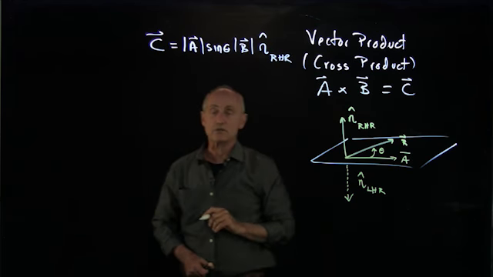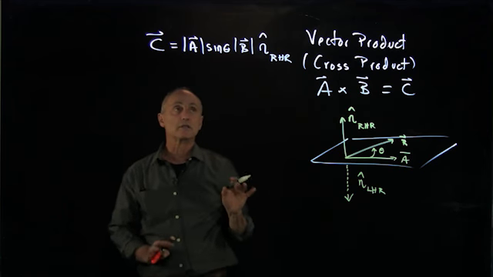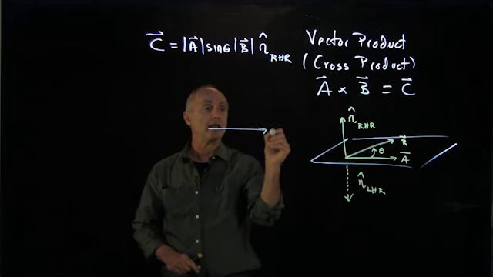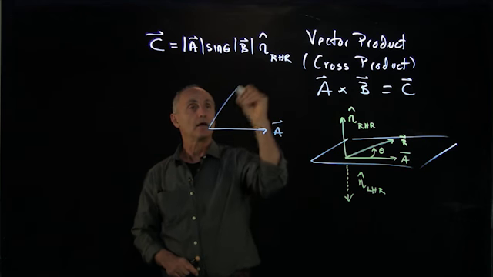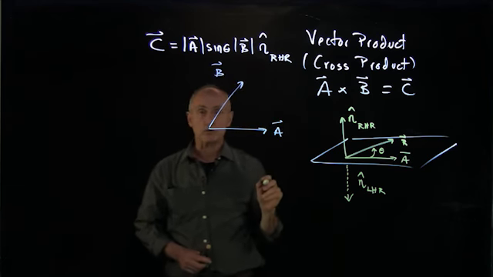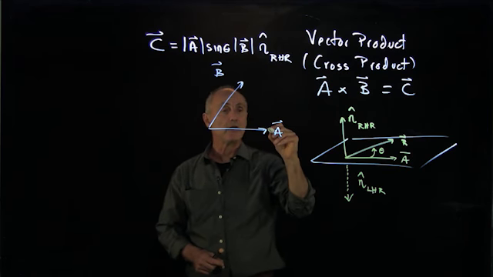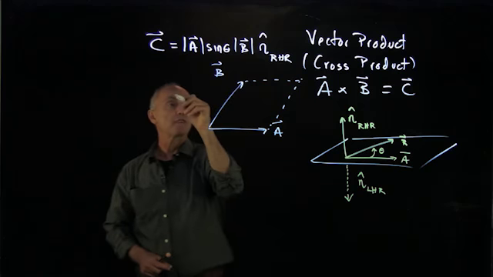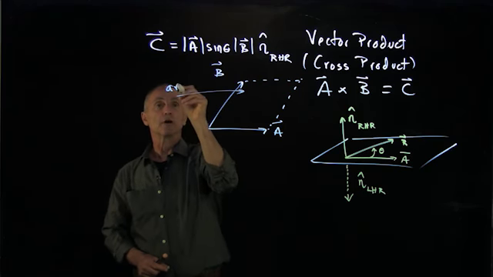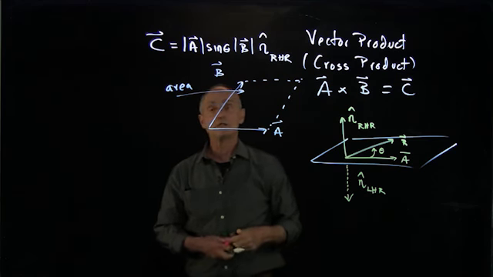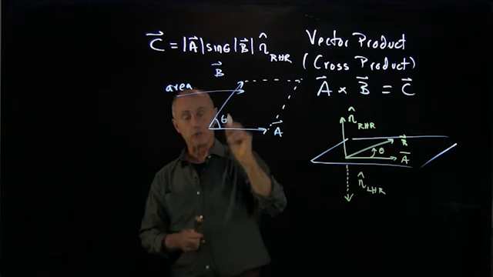Now, one of the reasons for this definition is, let's draw a vector A and a vector B. Any two vectors define an area of a parallelogram. And we can define that area as follows.